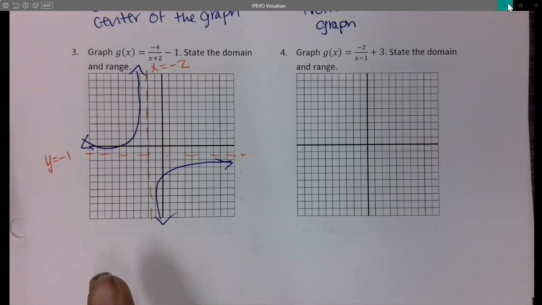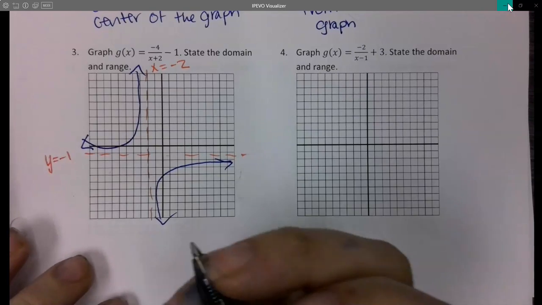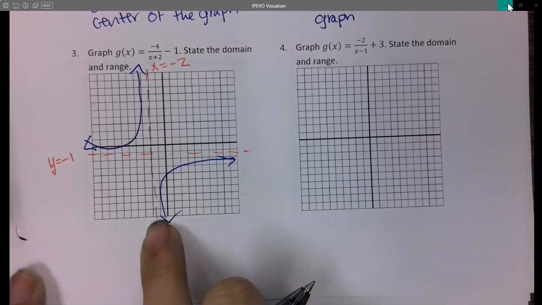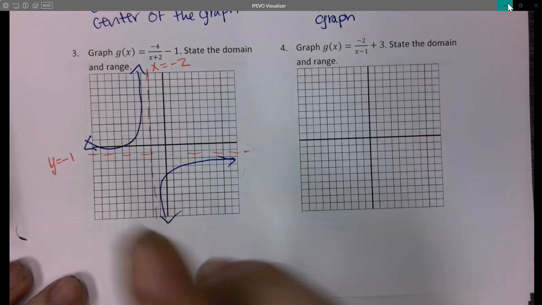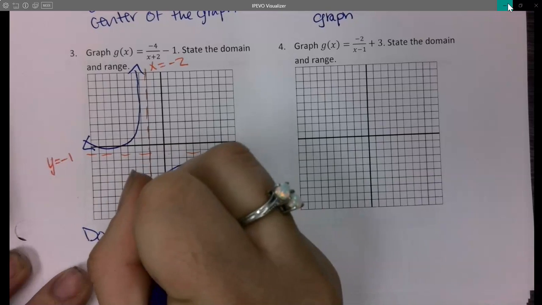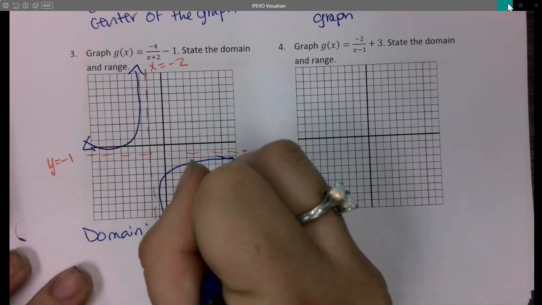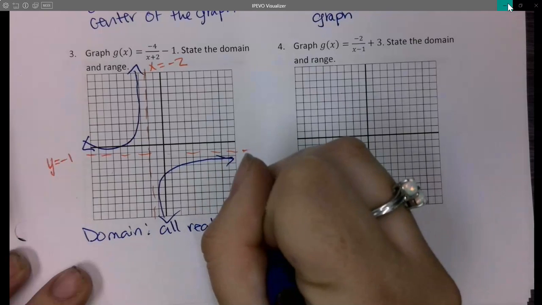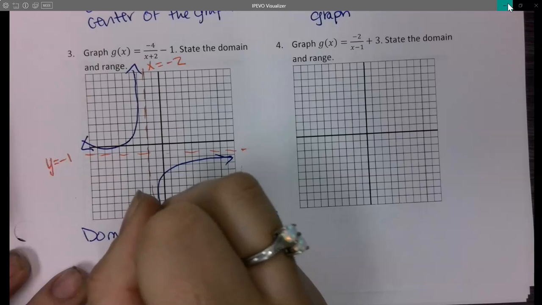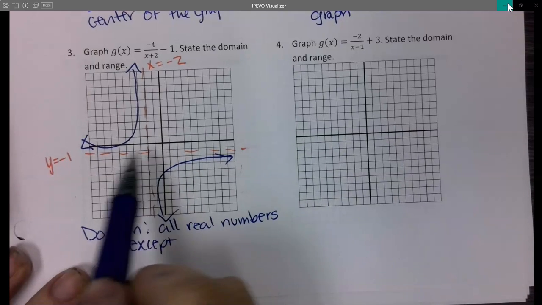So it needs me to say the domain and range. It goes left and right forever, except for this one spot that it didn't have any values at. So my domain is going to be all real numbers except the number I skipped. Going left to right, what's the number I skipped?